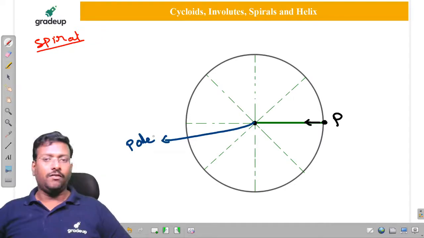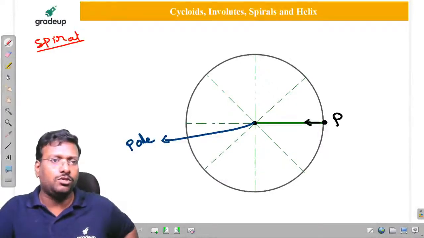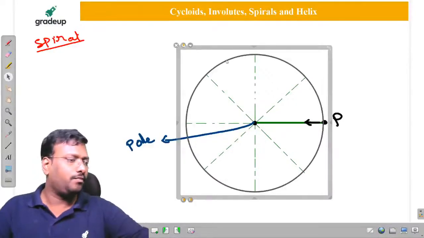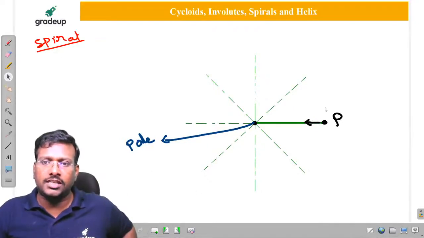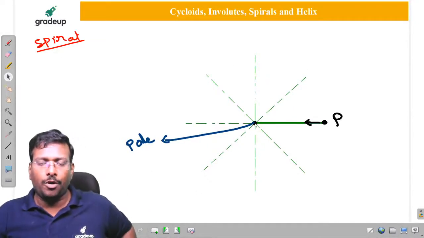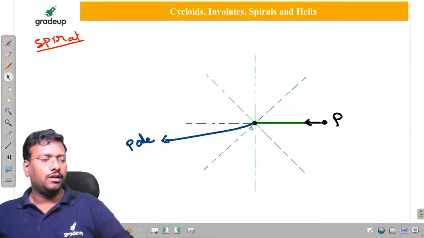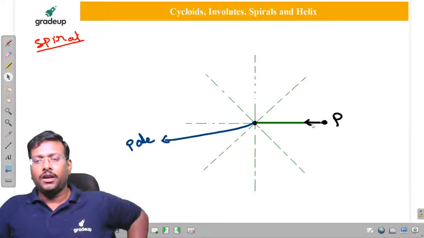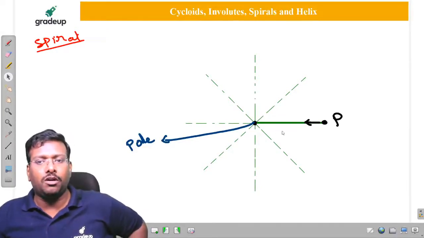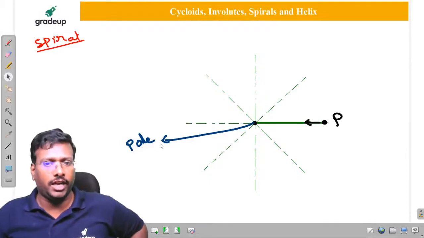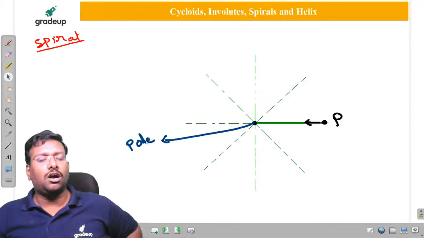Is it clear, my dear friends? All of you observe here. I drew the circle for my reference only, but it is not required. This line is rotating about one end, towards a fixed point. The point about which a one-dimensional or two-dimensional object is rotating is called a pole.